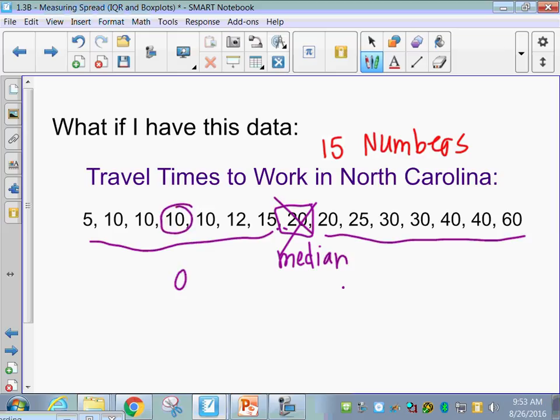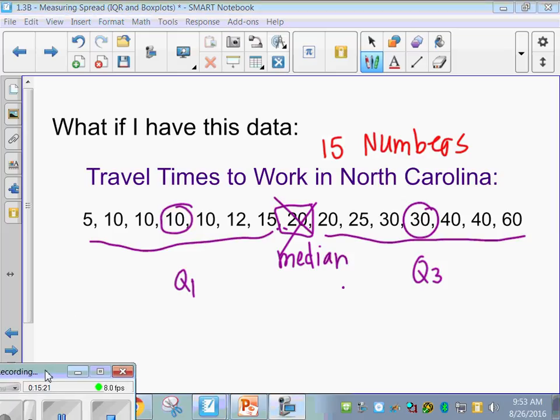Good. So Q1 is the middle number of the bottom half of the data when you take the median out. You always take the median out when you've got an odd set of data. Over here, what's the middle number of the upper half? 30, so that's Q3. That's a heads up on how you do it if you have an odd number of data.